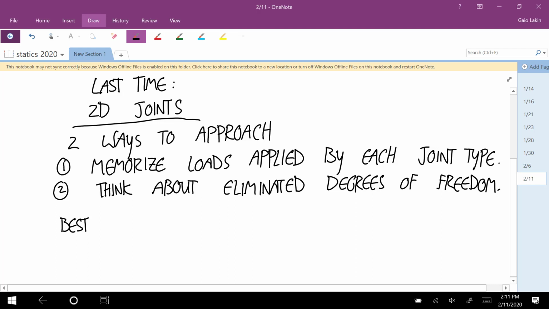The best way to do it is to do a combination of both of those 2 things, because it gives you a sanity check. You can look at it and remember how to deal with it, and then think, does it make sense? Am I thinking about it right? It makes it much more likely that you're going to catch a mistake in dealing with a joint.